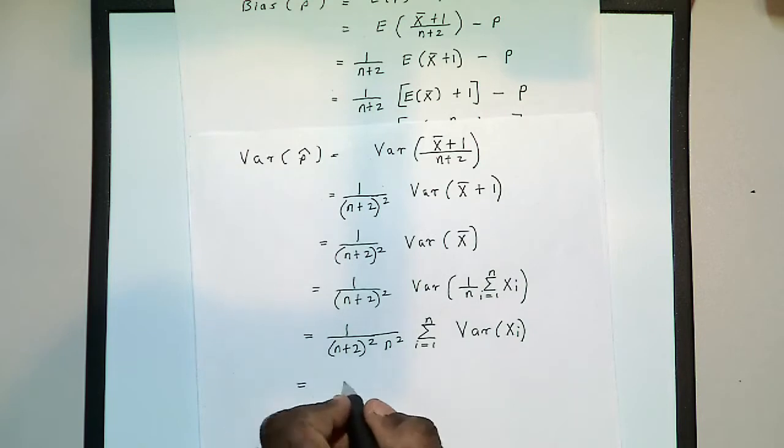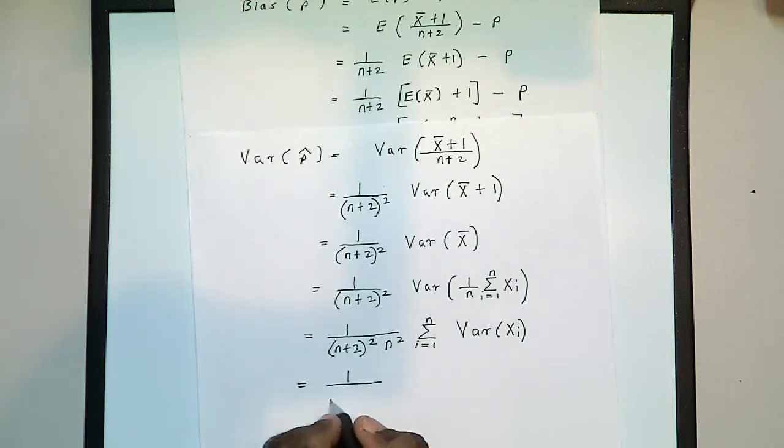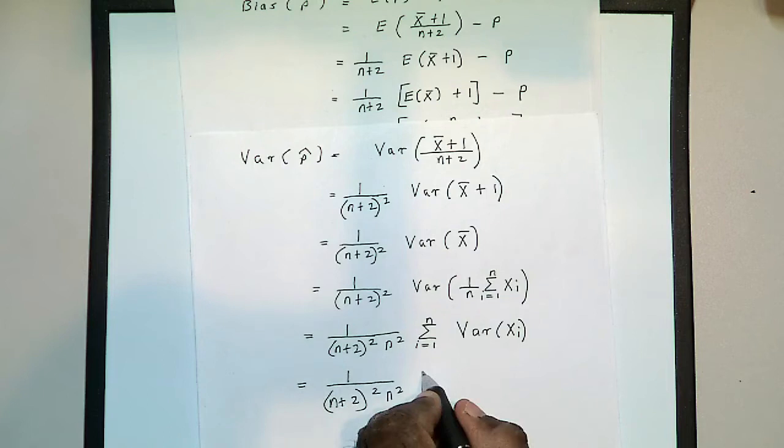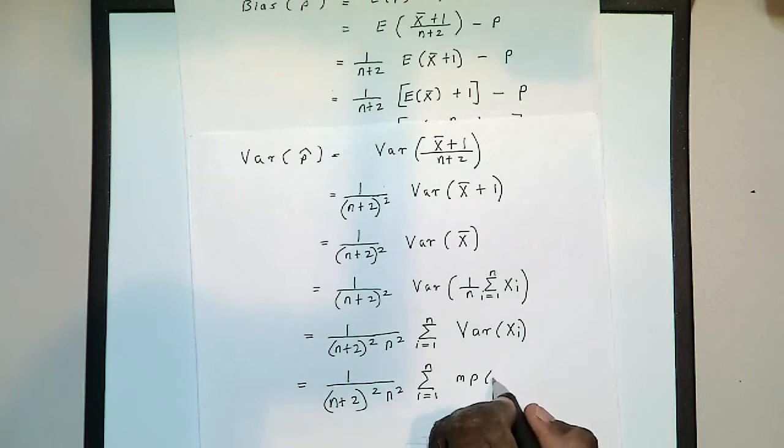So this becomes the sum of mp multiplied by 1 minus p.